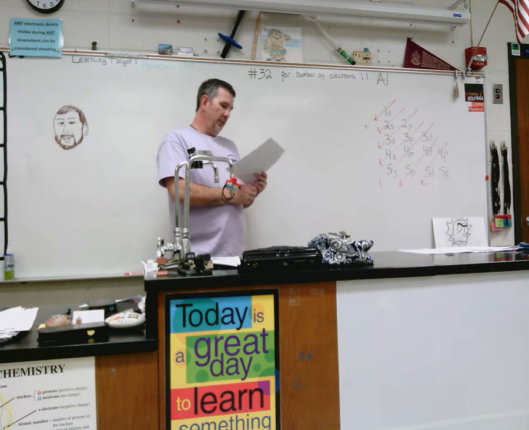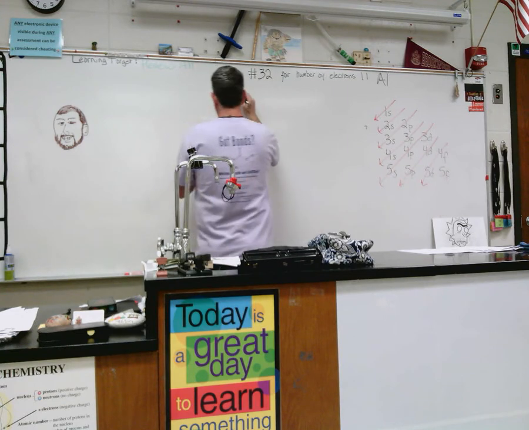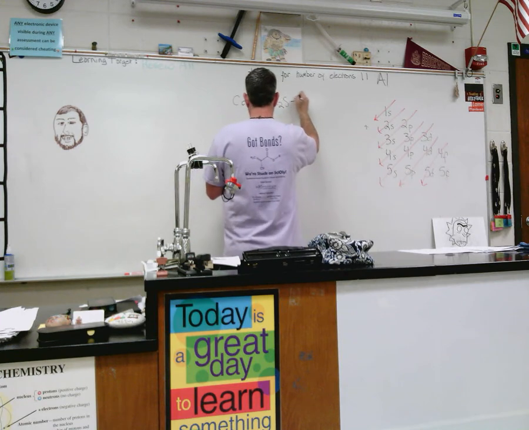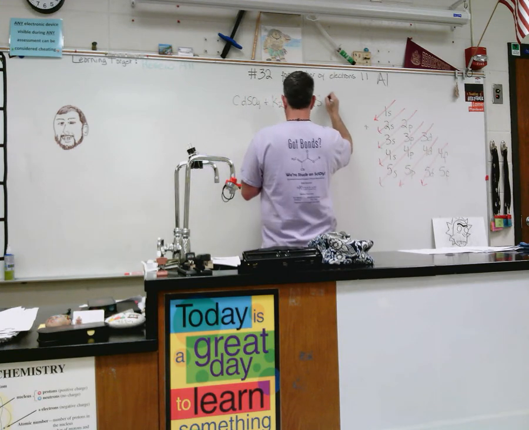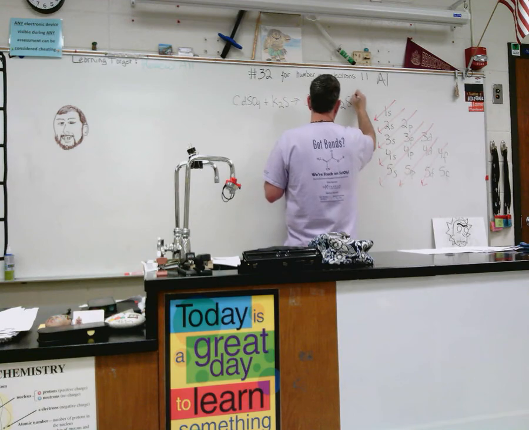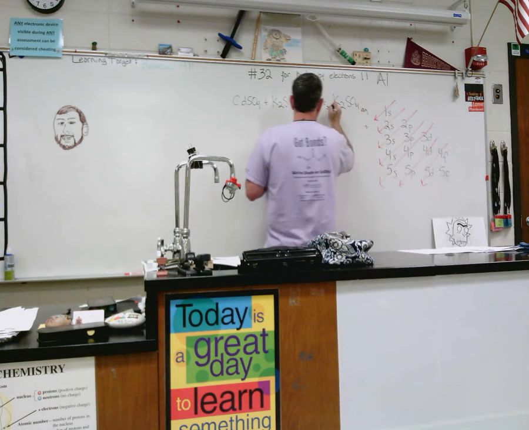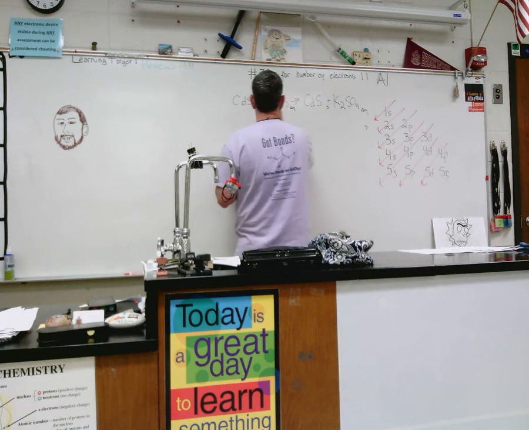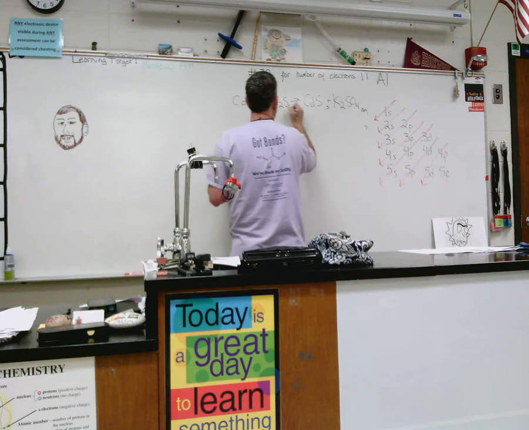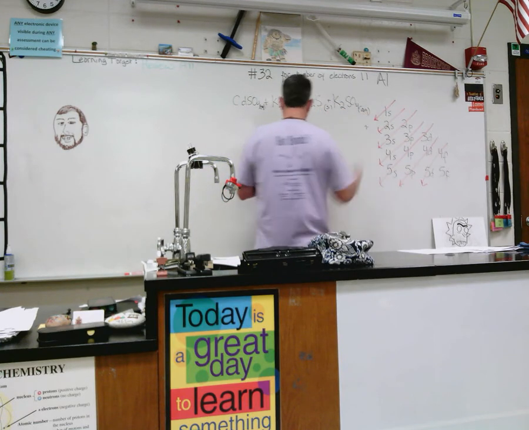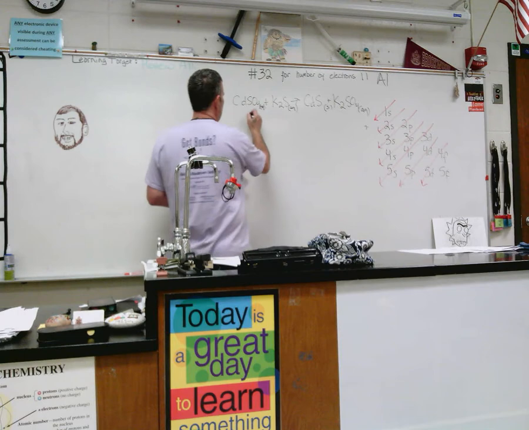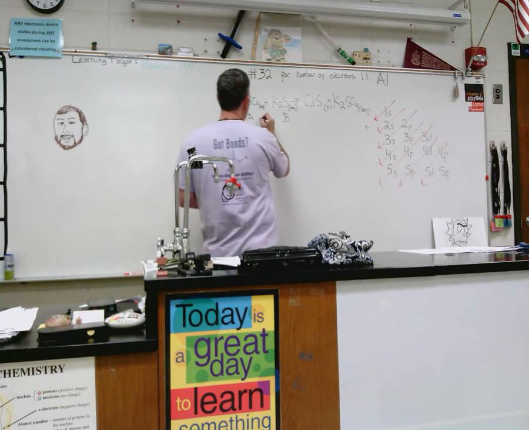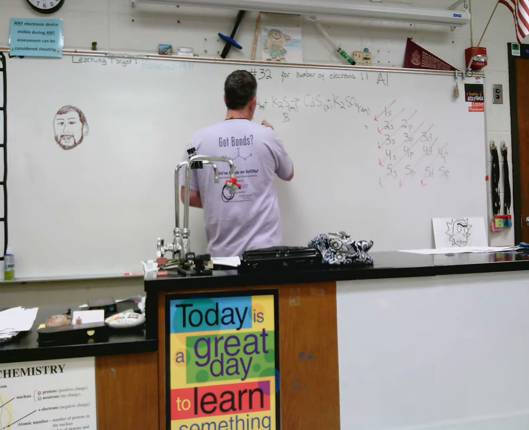6. Oh, they wanted me to, oh my god, and I erased it. So CdSO4 plus K2S goes to CdS plus K2SO4, aqueous, solid, plus aqueous, aqueous. It says, list the reactants, A and B. Well, there's A and B. State of matter for A and B is going to be liquid, liquid.